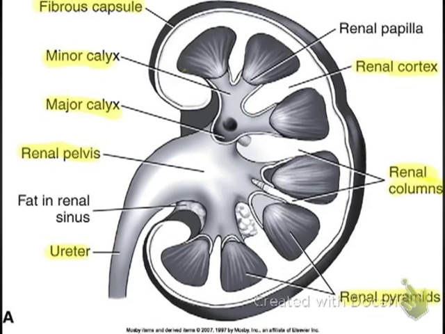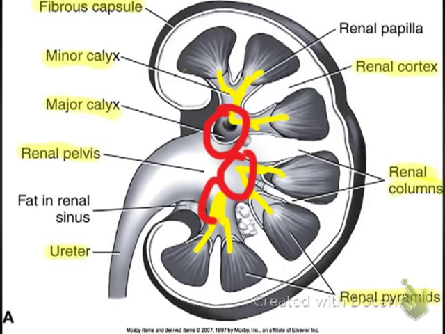Also, we have 1, 2, 3, 4, 5, 6, 7 minor calyces. And as we notice, they all join into 3 major calyces. It's at this point here and here and here that we have the major calyces.